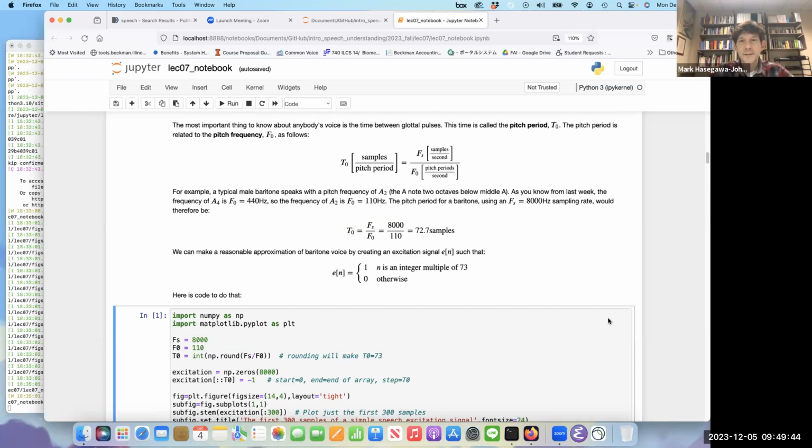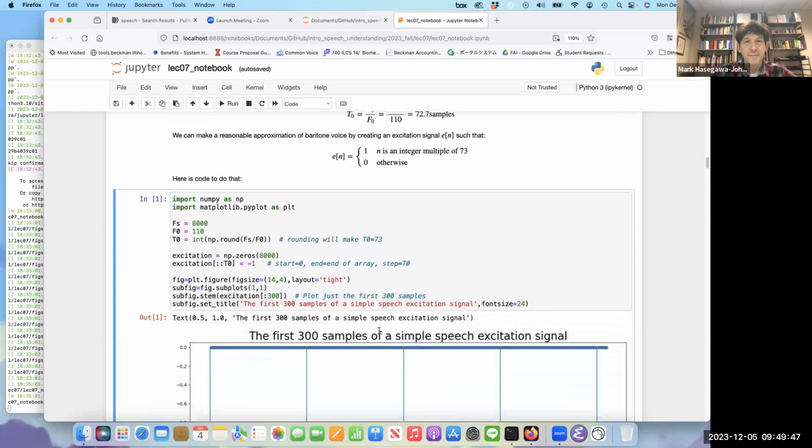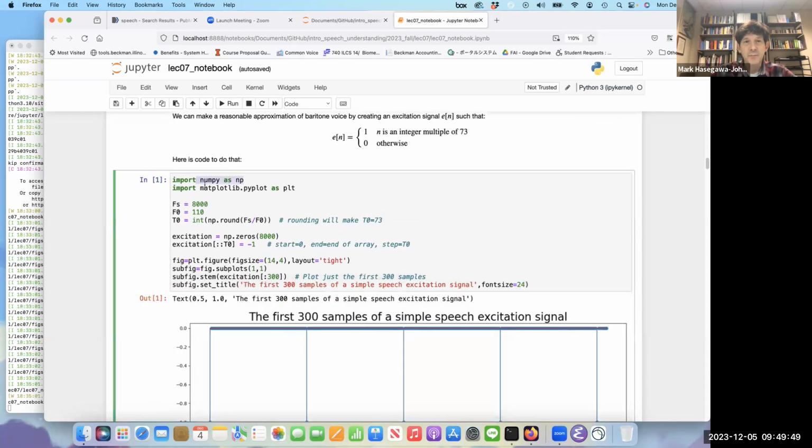So let's create E of n using Python. We'll import NumPy and we'll import Matplotlib in order to plot it. And then we'll choose a sampling rate. I'll choose 8,000 samples per second. And we'll choose a pitch frequency. I'll choose 110 Hertz. And then I will round Fs over F0. The rounding will make it 73. It will make it an integer. Then I'll create an excitation signal, which is zeros everywhere. And then I'll start at the beginning. And once every T0 samples, once every 73 samples, I'll create a -1.